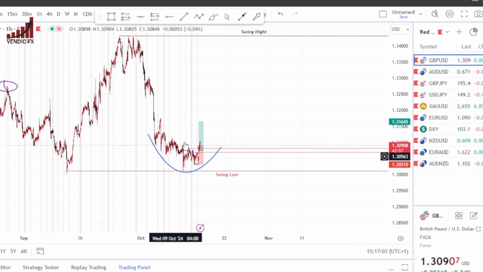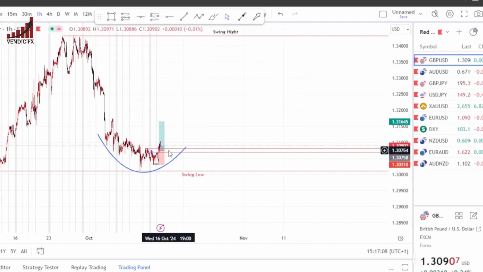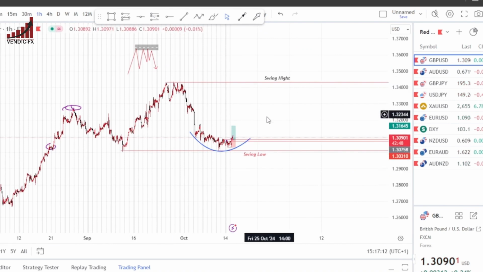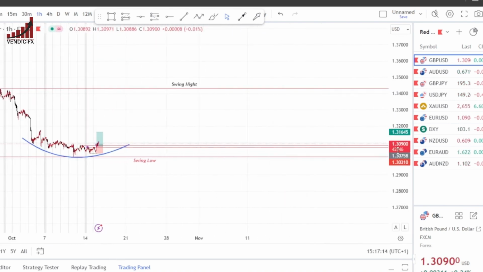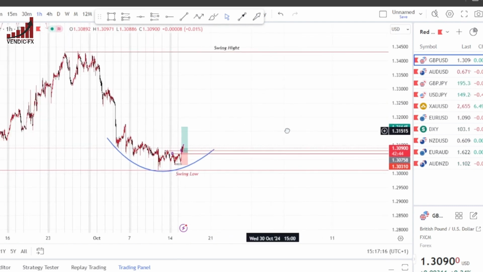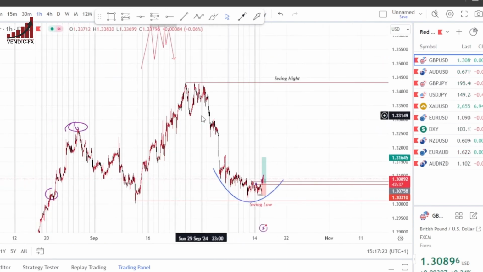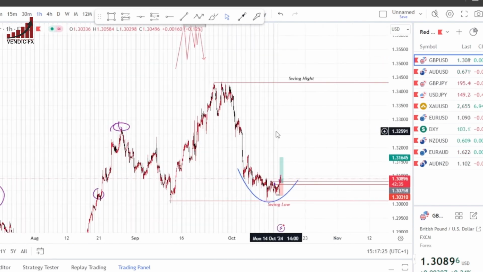If we break below this swing low, it simply means the market has reversed. But since the overall trend of the market is upward, we are anticipating a new high above this swing high, so that we can form a new trading range. So that's how it is. This is how equal swing high and swing low is created.